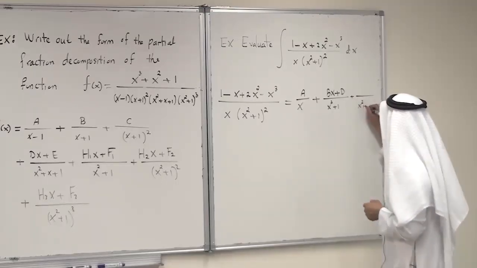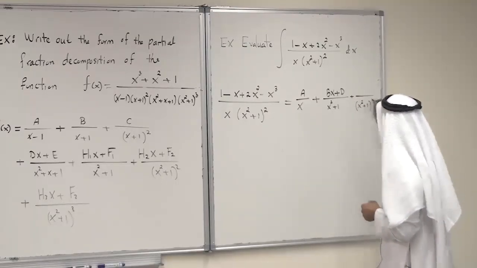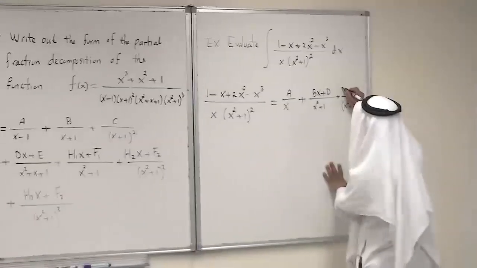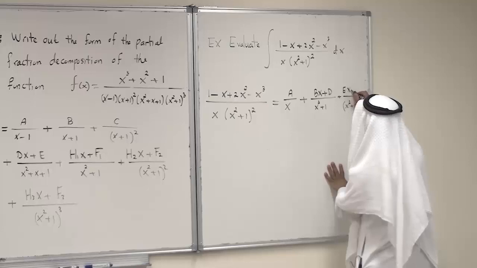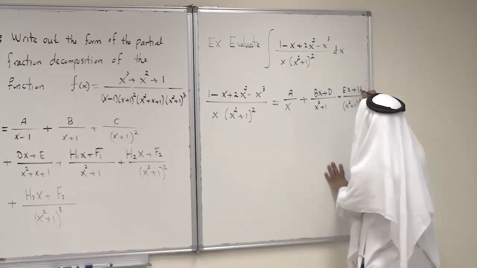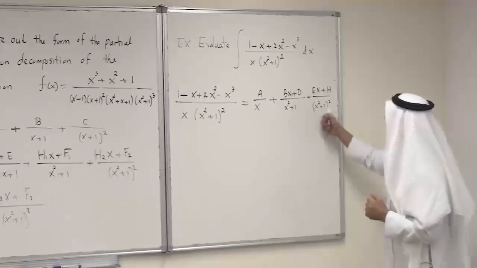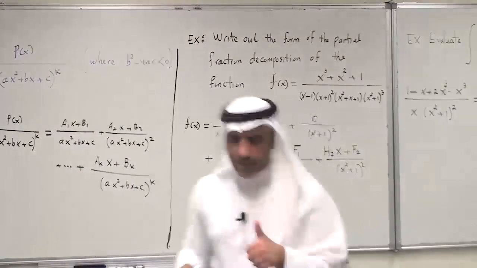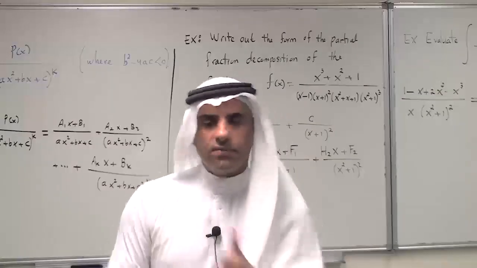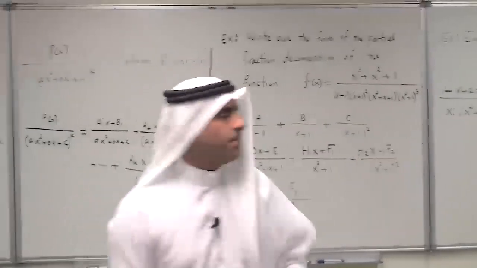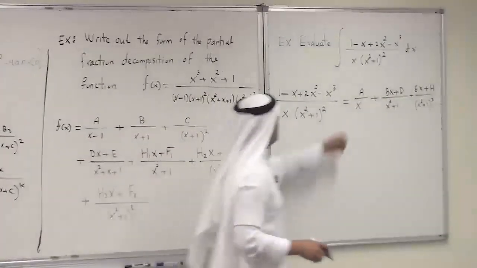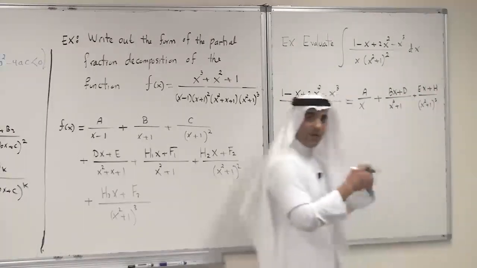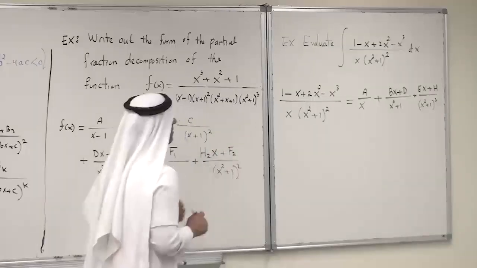This is x squared plus 1 all squared. I need another one here. So maybe I call it ex plus, say, h. Okay? So we need another polynomial divided by x squared plus 1 all squared. So this is the first step, which is rewriting the function in terms of the partial fractions. Okay, how to get the parameters a, b, d, e, and h. That's our next step.